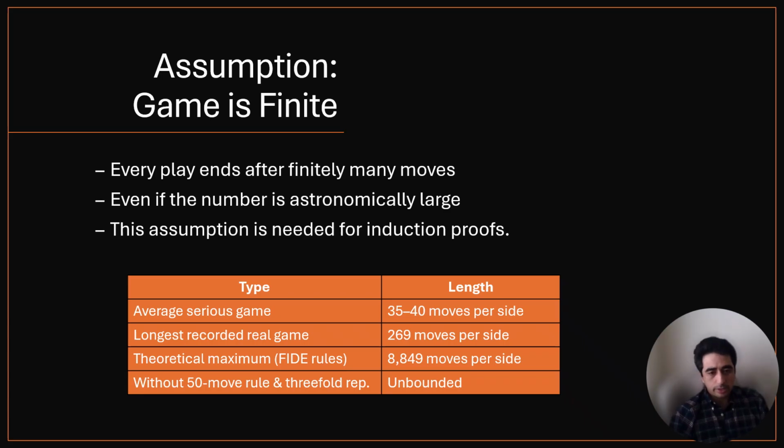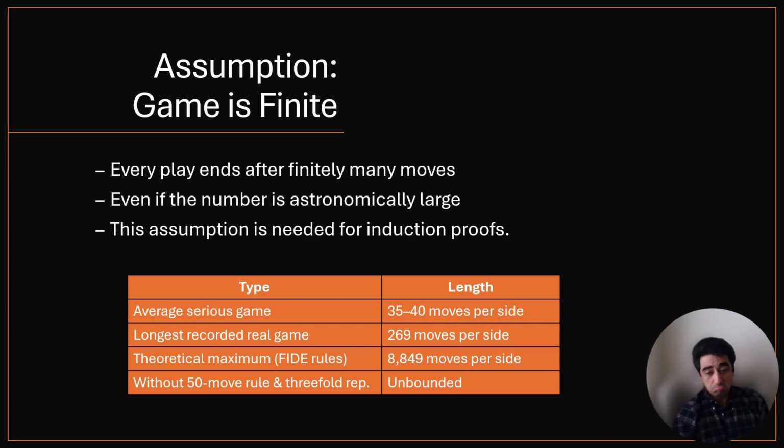But the longest recorded real game, which happened in the 1900s, would be around 500-some moves total, which was very, very long. The theoretical maximum is a very long process to show, but based on the FIDE rules that I showed earlier about the draw conditions, we can have about 17.7 thousand moves in total, or 8,849 moves per side.